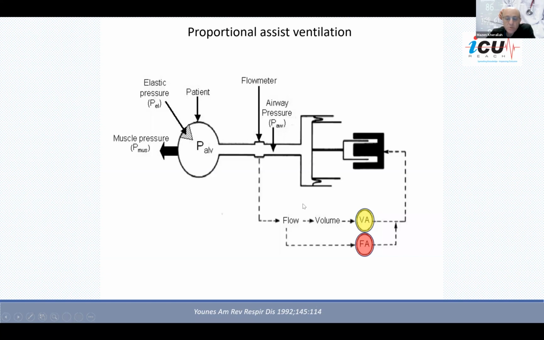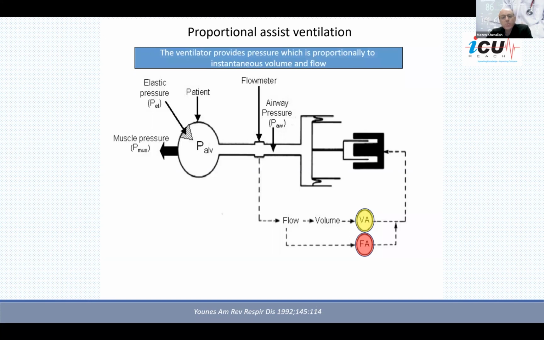So we have these two measurements that the patient is doing based on his work of breathing. Now, based on that, we determine how much we want to amplify the pressure for the flow, and this is the flow assist, and how much we want to amplify the pressure for the volume, and this is volume assist.